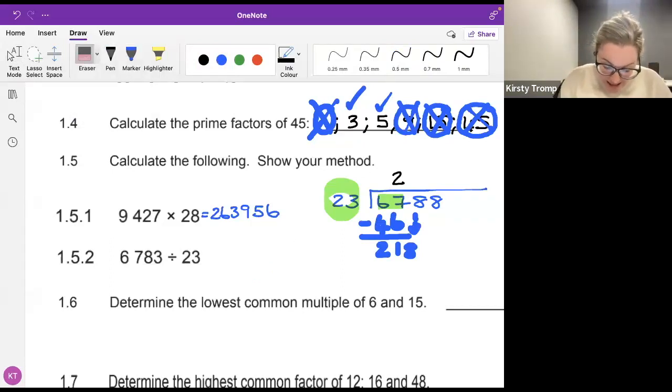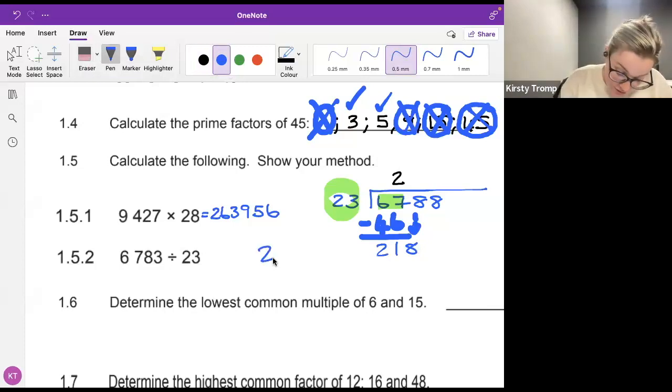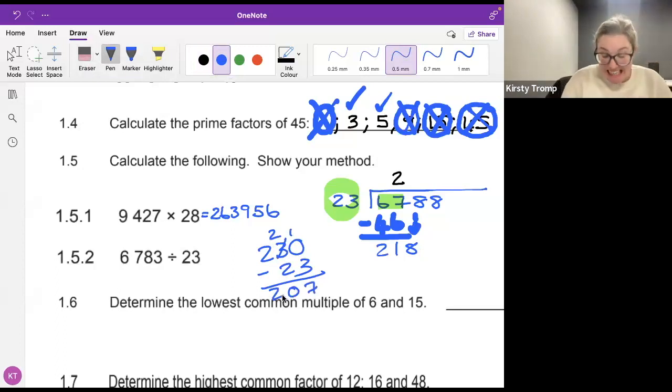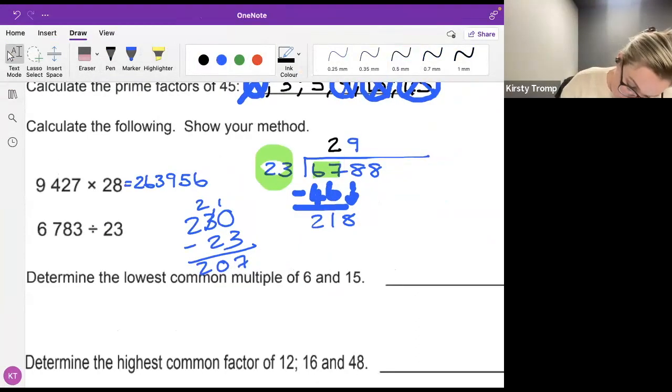Because if it goes in 10 times, then it'll be 230. So that's definitely not going to work. But if I say 230, which is 10 times, minus 23, that will give me 207. So that's 9 times. So 218 divided by 23 goes in 9 times. 9 times 23 gives me 207.